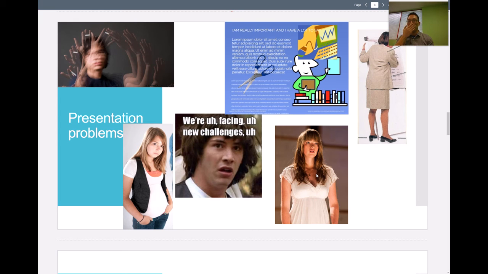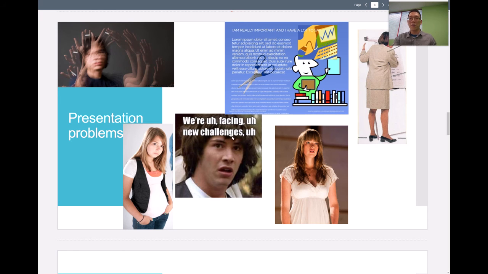So do move a little bit. Not too much, not like a dance, but just enough to move from place to place. The idea is to help you relax your body so you can connect and talk with the audience, okay?